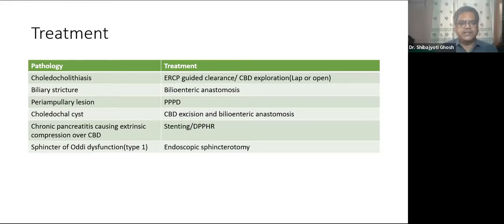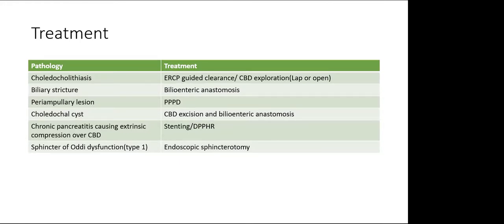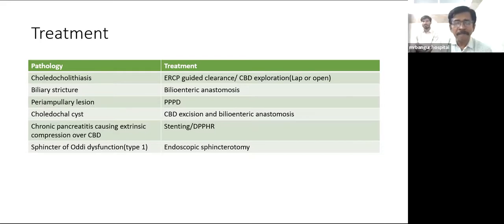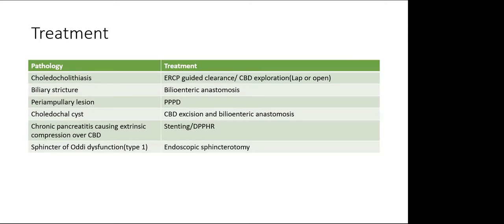That is duodenum preserving pancreatic head resection. Okay. Or sometimes a simple procedure can cause relief of this compression, and if need be, you can add a hepaticojejunostomy along with the chronic pancreatitis procedure. So there are a number of options. Okay, thank you, sir.